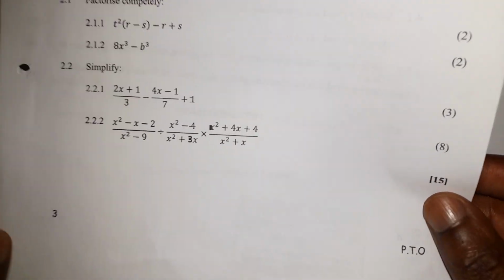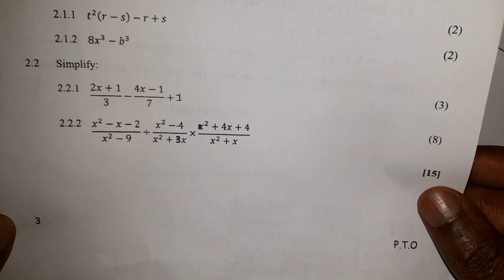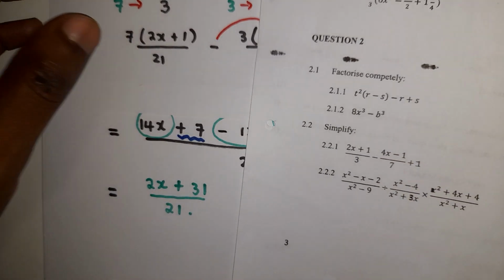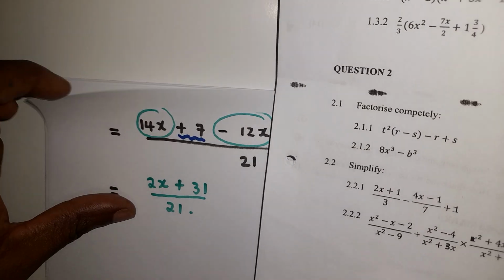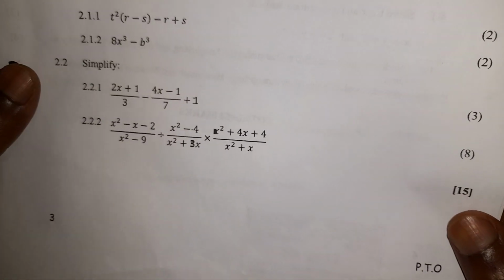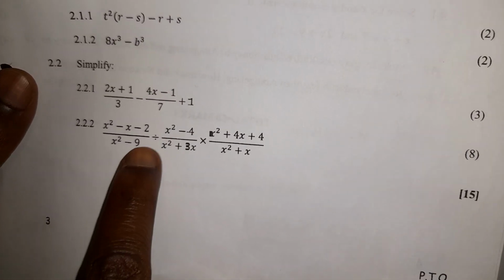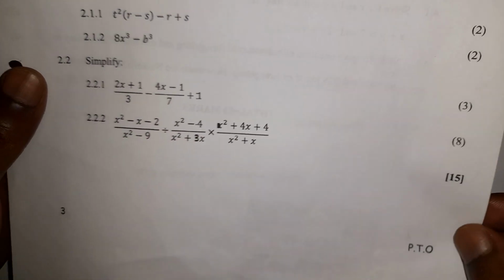Question number 2. Simplify still. So if you have to simplify that one now, you need to be careful because there are two operations which are inverses of each other, division and multiplication. Interesting one.